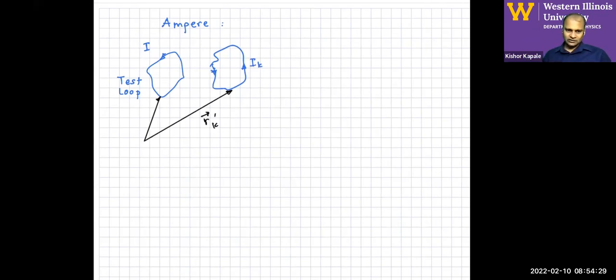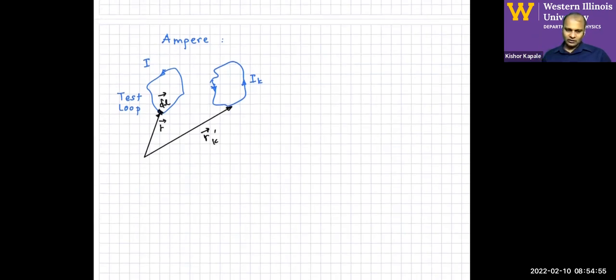You have a collection of those. And then you have the coordinate r of the position at which we are trying to find the magnetic field, or rather the force. Again, you have to measure the force, right? That's the idea. And this is the small line element of the current carrying wire that you are going over, right?